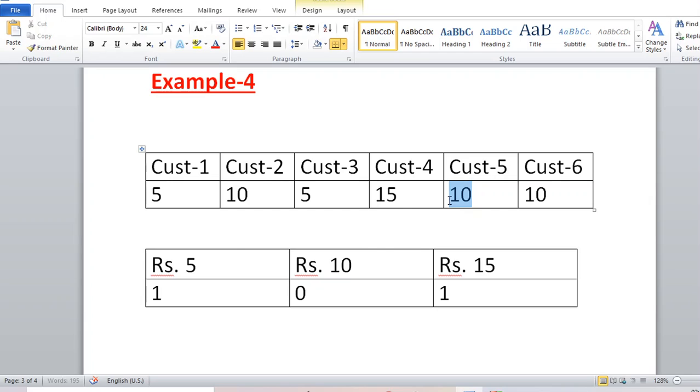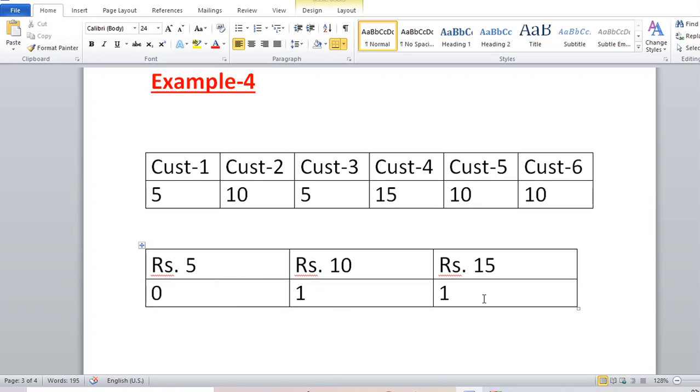Customer 5 has a rupees 10, so this will be increased by 1 and it will be 1, and he has to pay this rupees 5 to the customer as change.